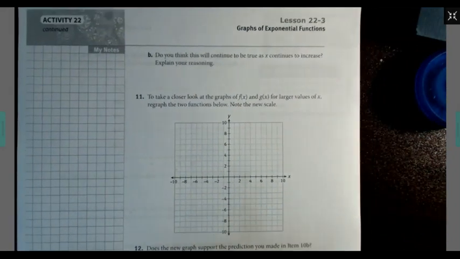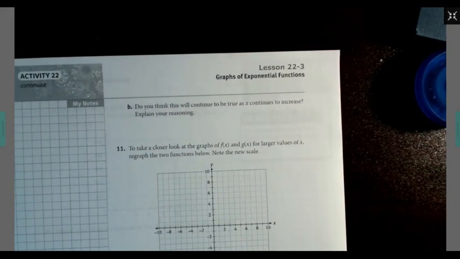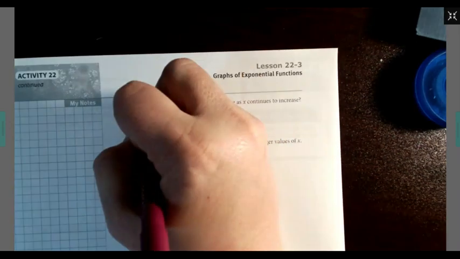Let's look at B. Do you think this will continue to be true as x continues to increase? And explain your reasoning. Yes.